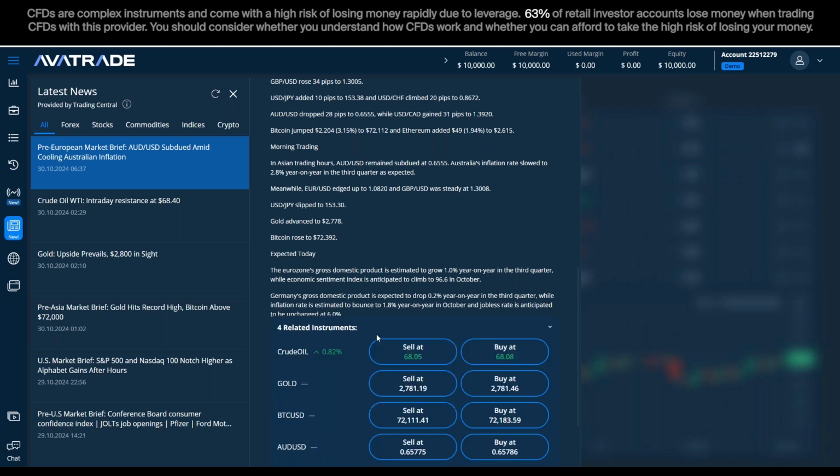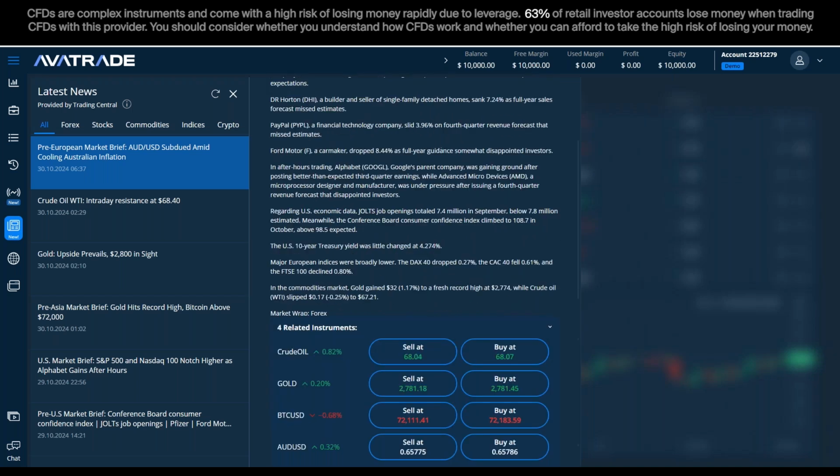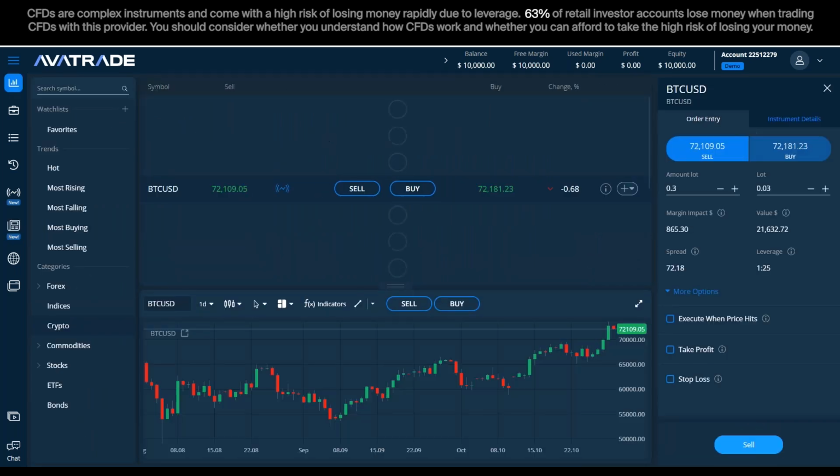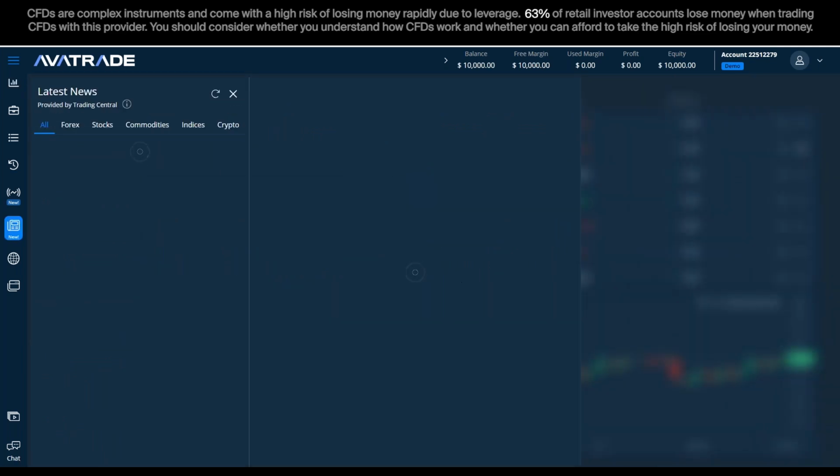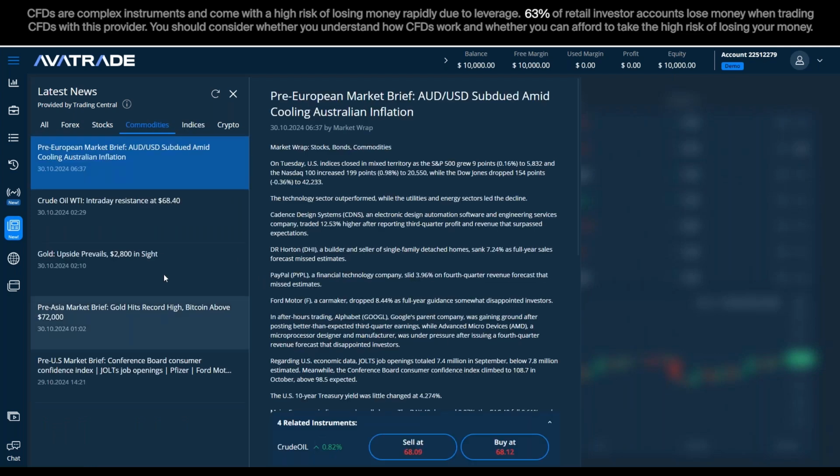Because if I click here, I can see that this article here actually might have an impact for also crude oil, so for also gold, Bitcoin, and of course, Aussie USD. Oh, sorry, accidentally clicked it. But the idea here is super simple. I don't want to delay about it more than that, but this is quite self-explanatory.